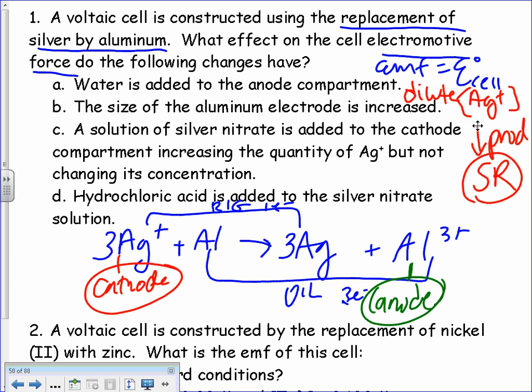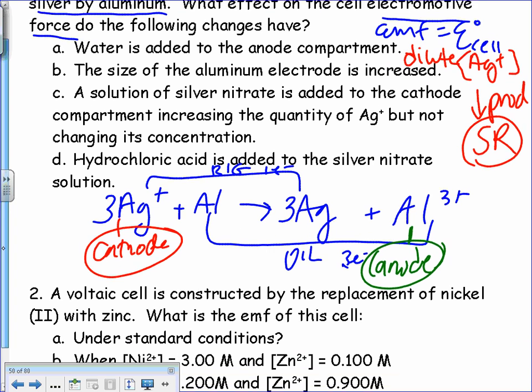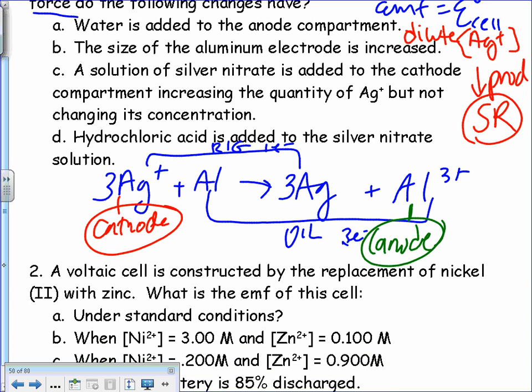Adding water to the anode dilutes the aluminum ion, which causes a shift right in the above equation, and will increase the E cell because it favors the forward direction and increases the driving force of the electrons. So the driving force of the electrons is what we're really talking about for E cell. I'll let you guys finish writing that. Okay, so that's our Le Chat explanation.